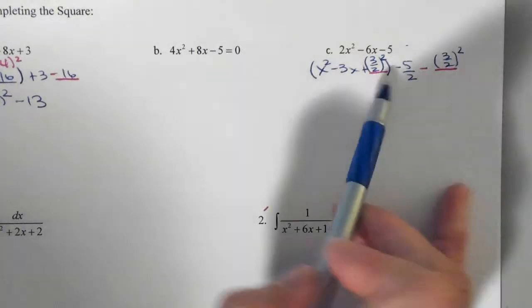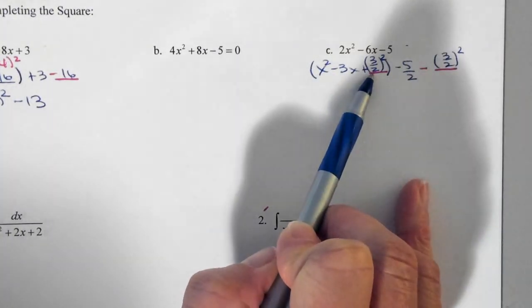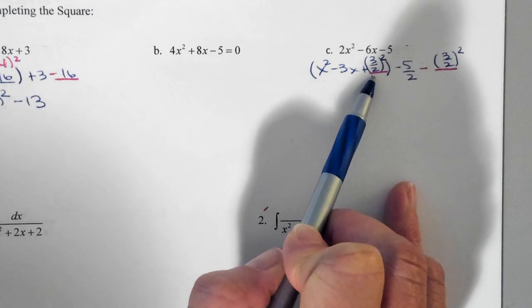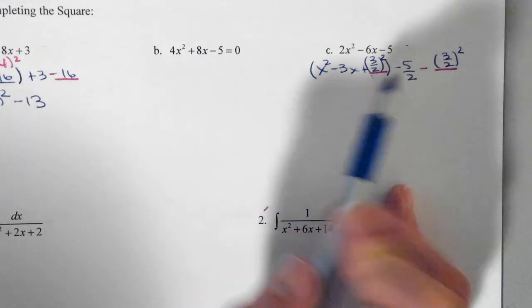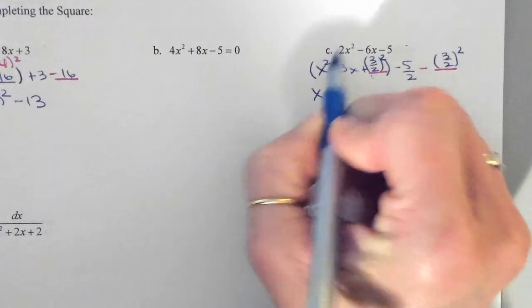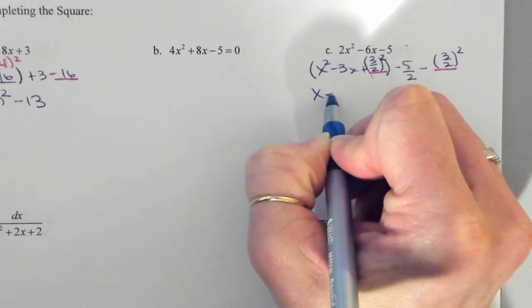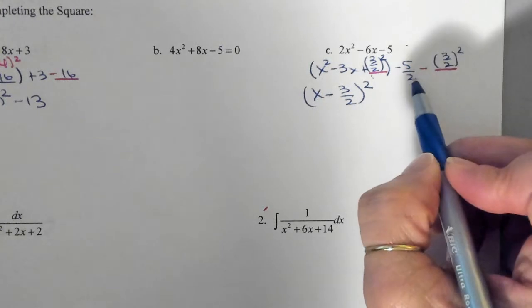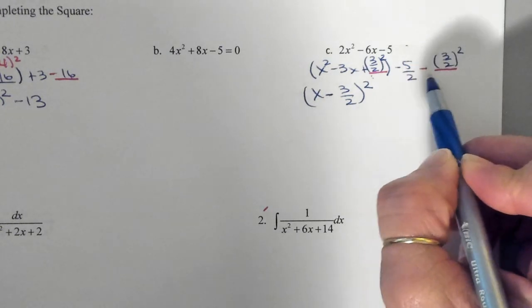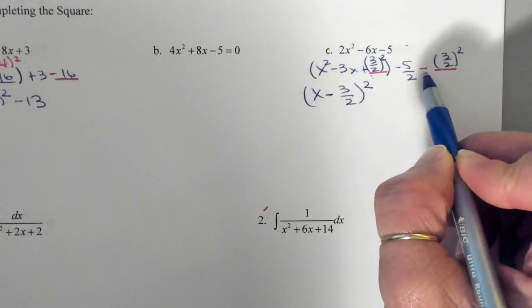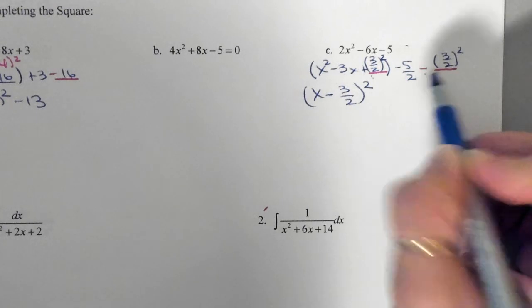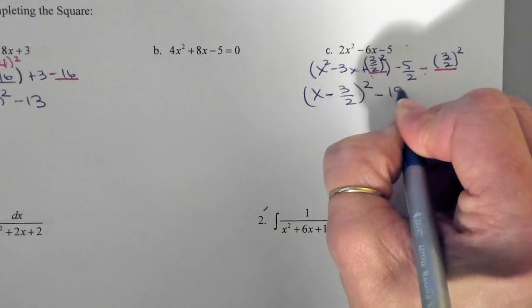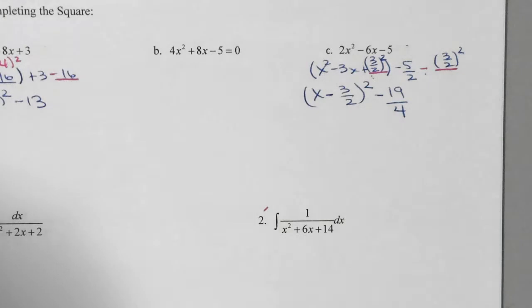Okay, I'm writing it like this because remember what I said in A? This is my factor. So when you write this as the quantity that is your factor, this becomes x, and remember you bring down this sign, it's minus 3 over 2 squared. This right here is minus 5 halves and minus 9/4. So this becomes minus 19 over 4 when I combine the fractions.